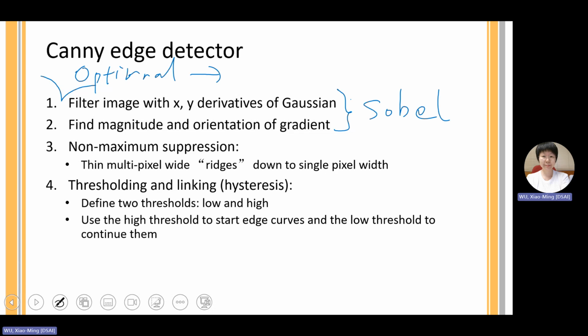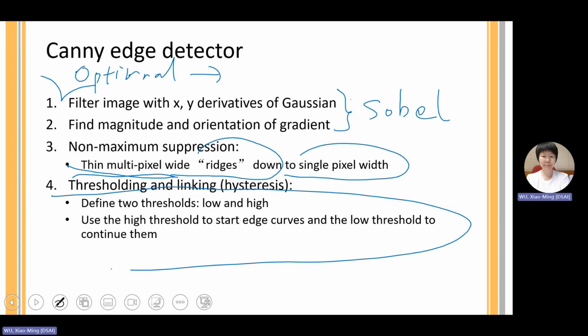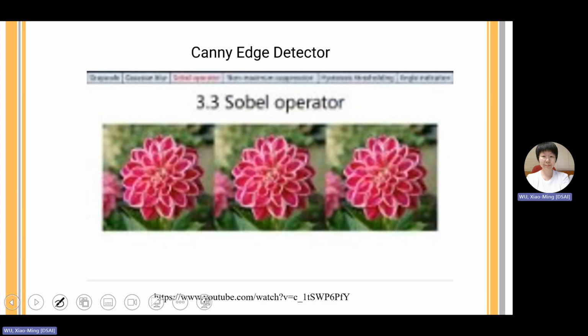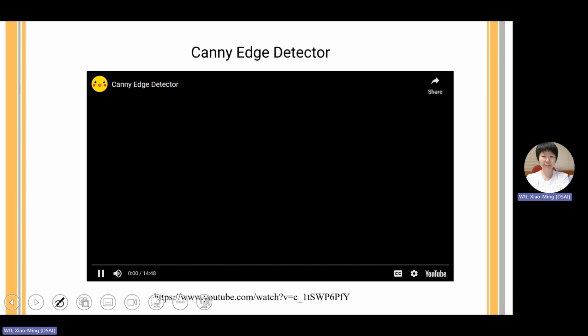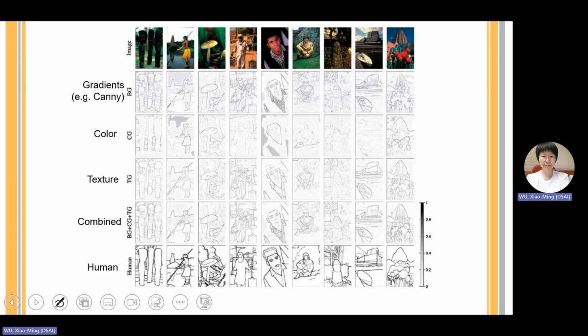The third step is to thin multi-pixel wide ridges down to single pixel width, thinning the edges. And the last step is thresholding, using the high threshold to keep strong edges to start edge curves, and the low threshold to continue them. There is a video about the Canny edge detector, which we'll skip here, and you can watch it offline.